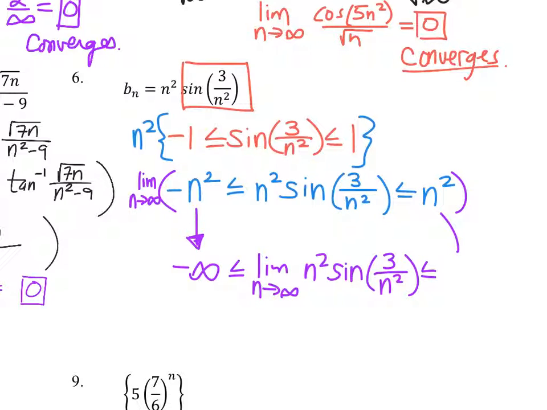The upper bound will be positive infinity. And so this is not a case where it ended up squeezing anything. So what you would want to do at this point is try a different technique.